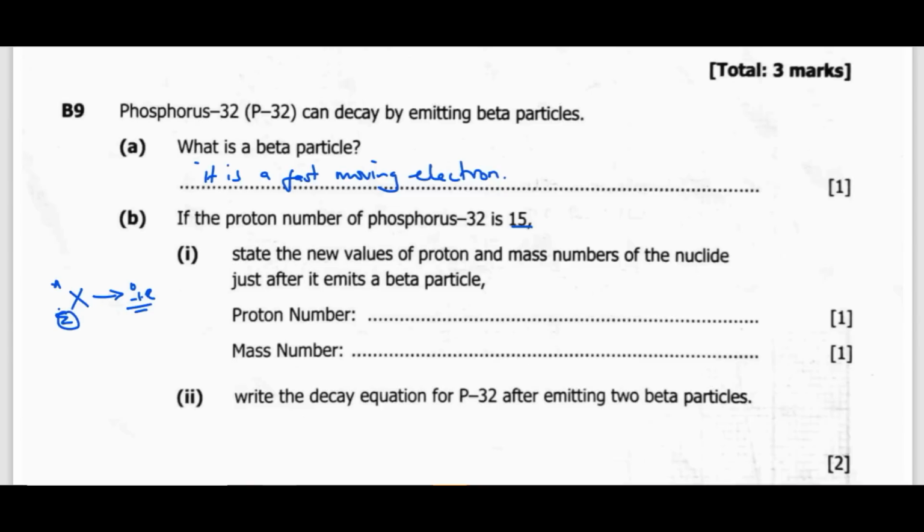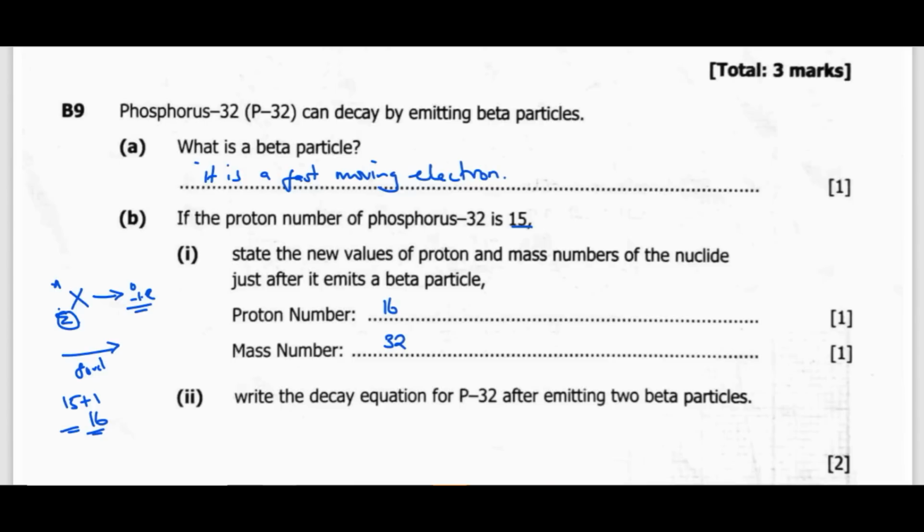The proton number will change, so on the periodic table it will move one step forward. So 15 plus 1 is 16, and the proton number is 16. The mass number will not change. It will remain 32.